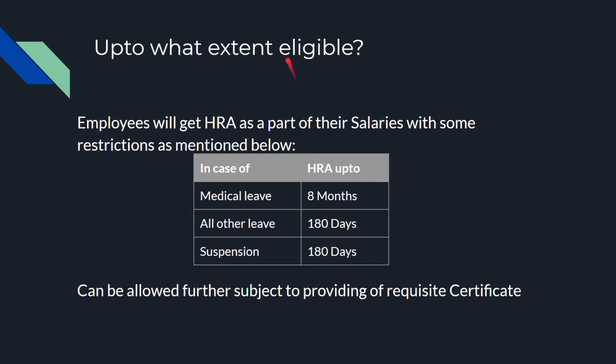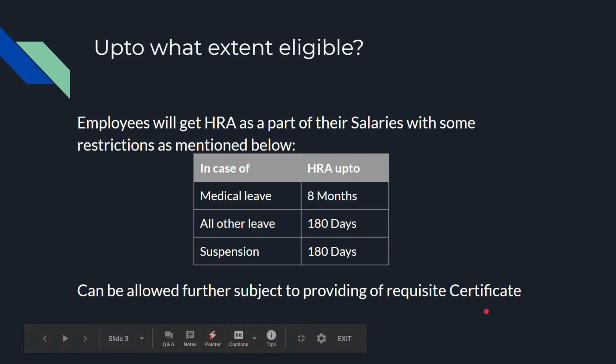Up to what extent eligible? All employees are eligible as mentioned earlier, but there are some conditions for this. We will talk about that. One is medical leave. If you are on medical leave up to 8 months, the HRA will be provided to you. If it crosses, you have to provide a requisite certificate to your higher authority.